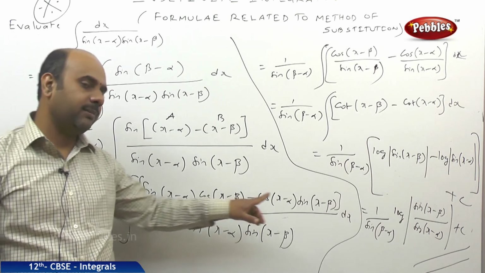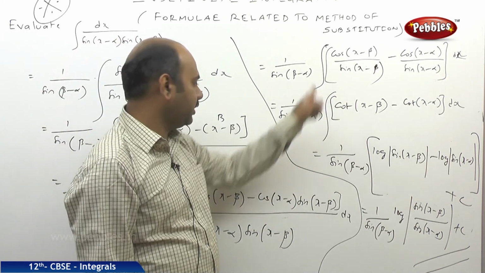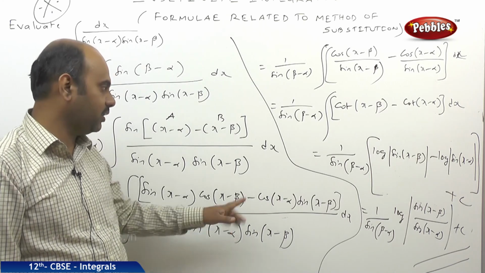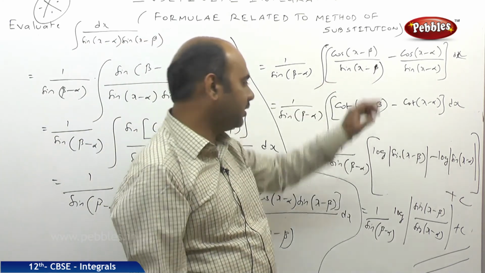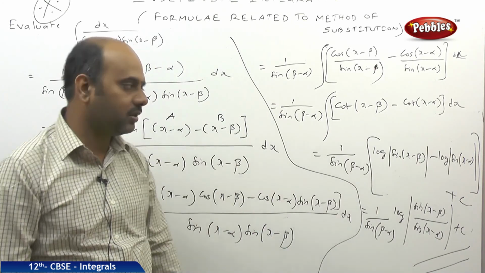Later again (a minus b) by c, so a by c minus b by c. So sin of (x minus alpha) gets cancelled, and the integral of cos of (x minus beta) divided by sin of (x minus beta) minus cos of (x minus alpha) divided by sin of (x minus alpha).